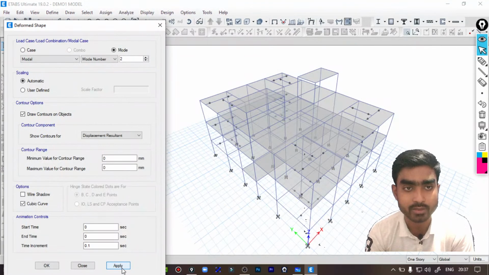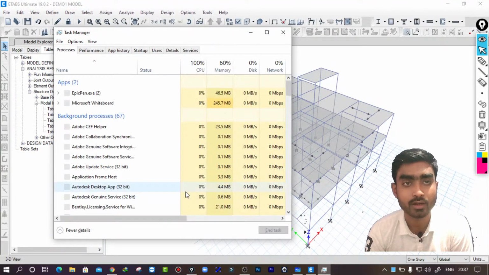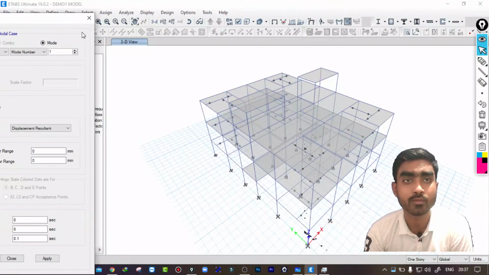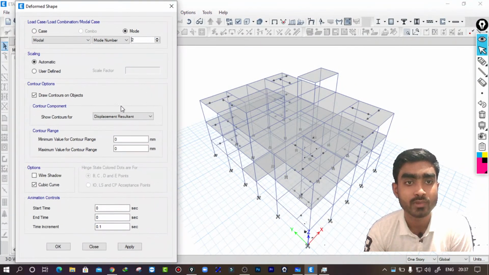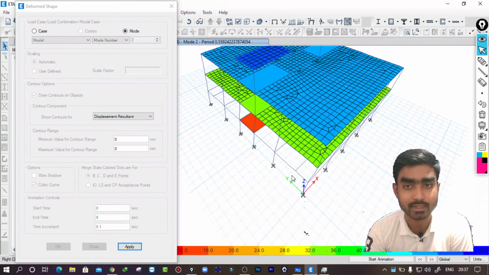Next class I will do it. Turn on and hit here. Yeah, mode 2, and apply. Now you can see mode 2 is moving along the y direction.